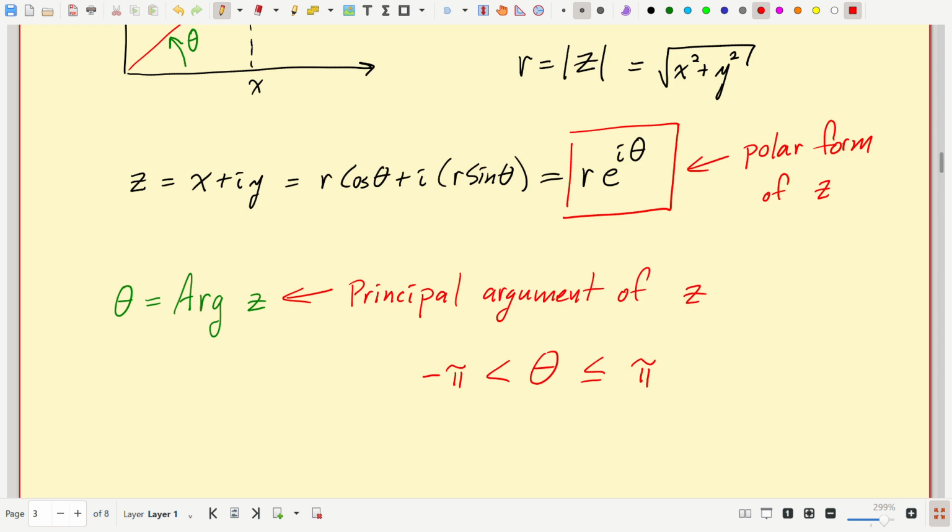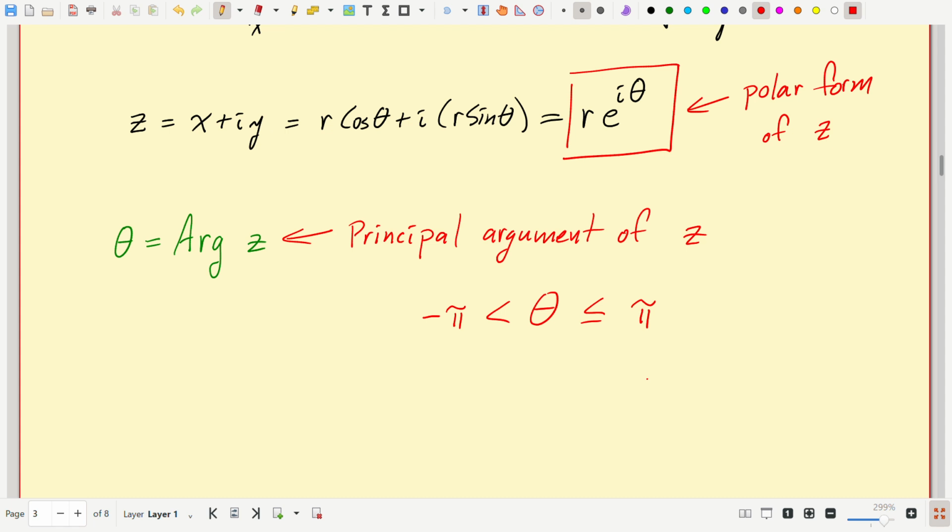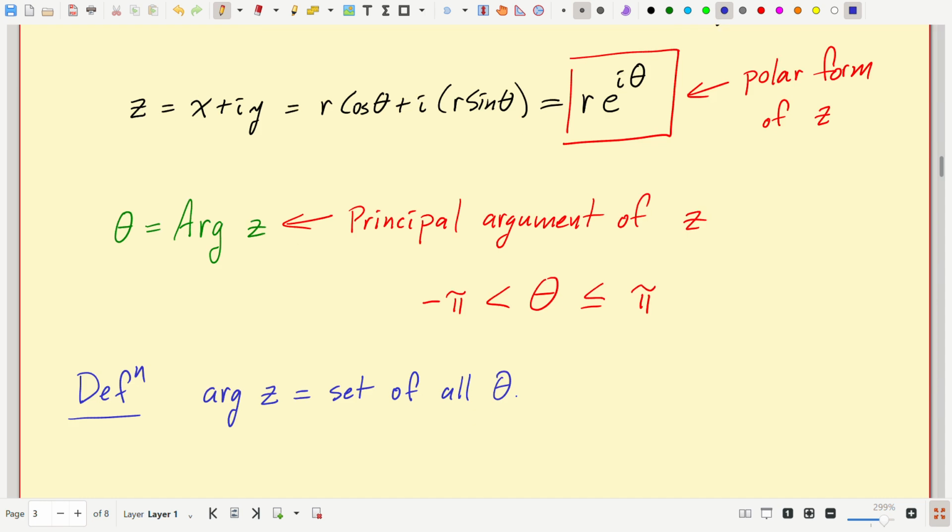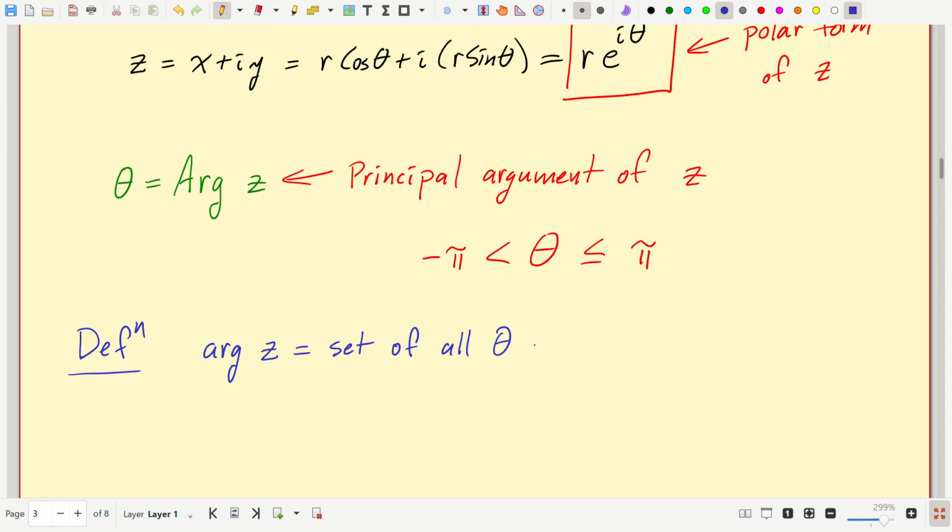But I could also take any old theta. Here's my favorite notation, this is my definition: I like to write arg of z with a little a to mean the set of all angles theta that make that picture true.